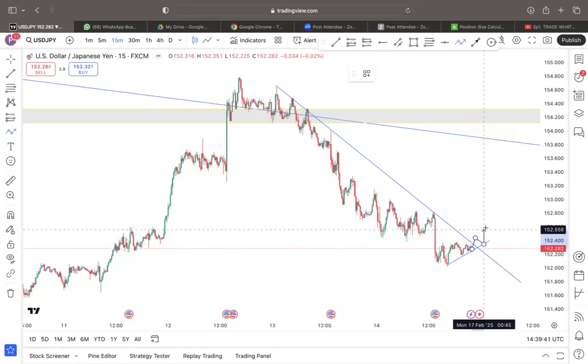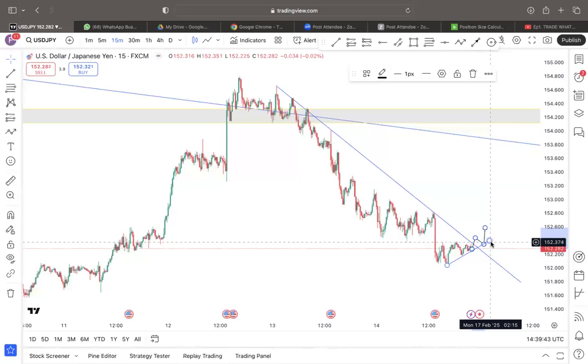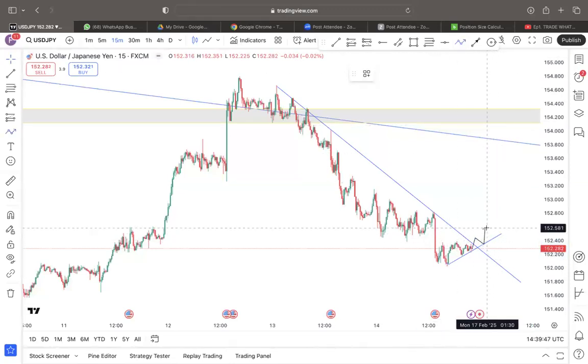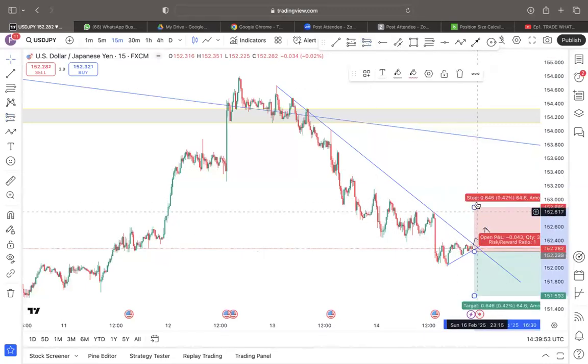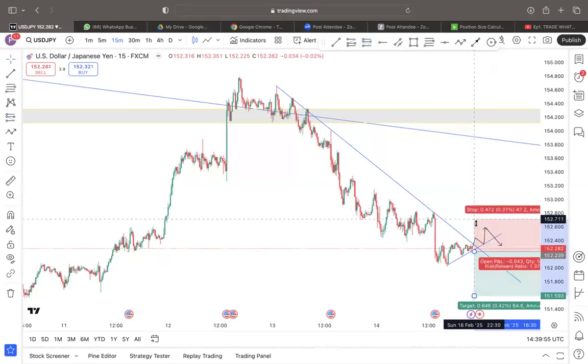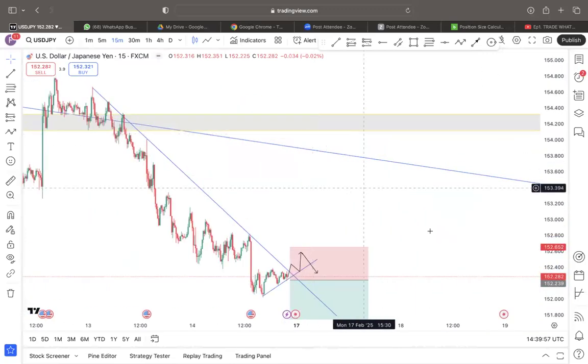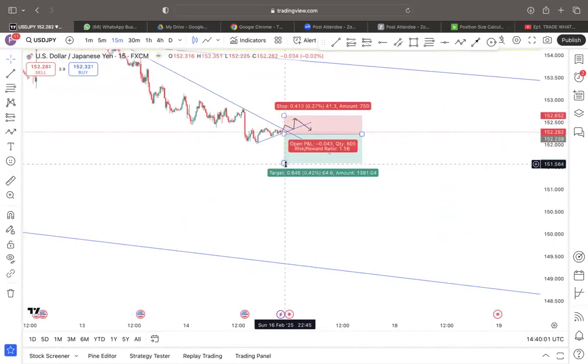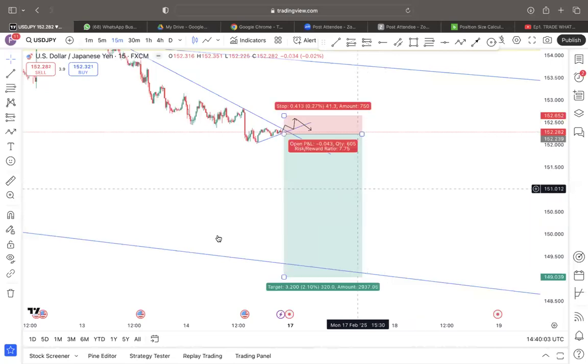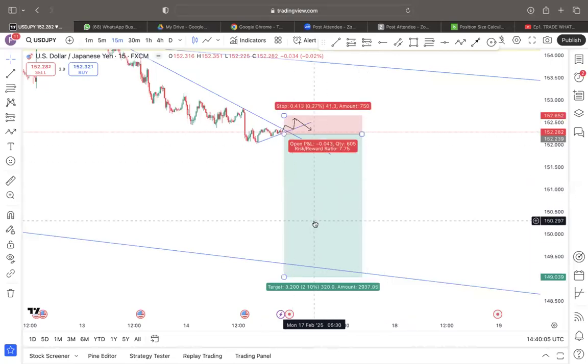Price can trade out of it, but the moment I see price break out of it, even if it happens here, just know that I'm in this trade. I'm in. My stop loss is a little bit above here. Then where is my target? And away it flew to this point here.